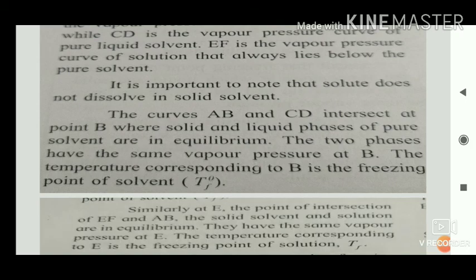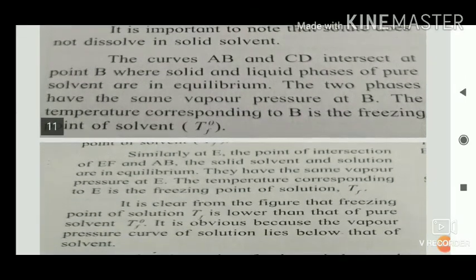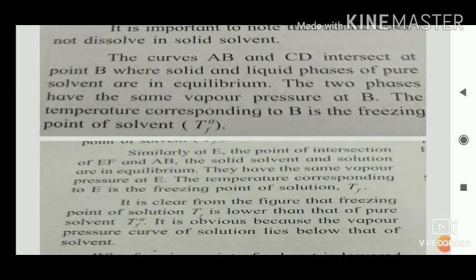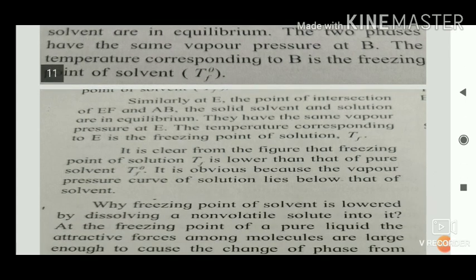Similarly, at E, the point of intersection of EF and AB, the solid solvent and solution are in equilibrium. They have the same vapor pressure at E. The temperature corresponding to E is the freezing point of the solution, that is TF.